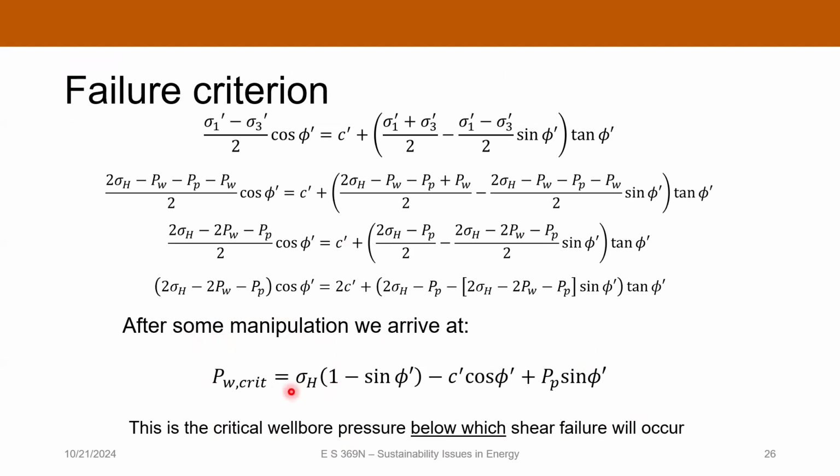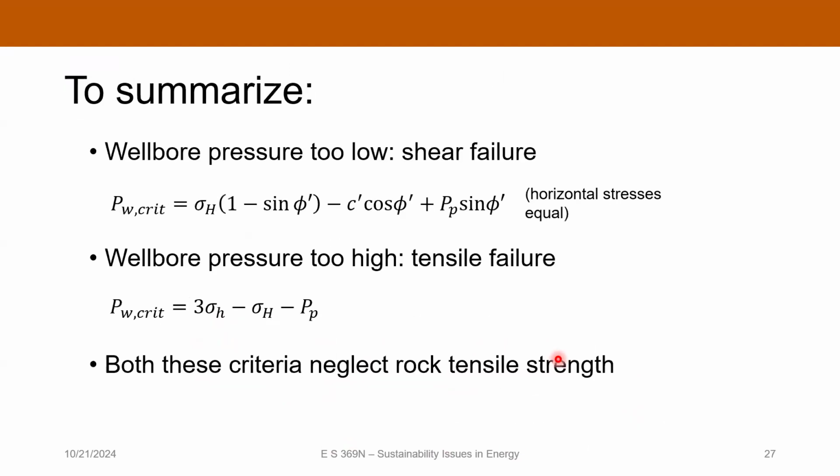And that's given here in terms of the horizontal stress, the angle of internal friction of the rock, and then the cohesion and the pore pressure within the rock. And so our summary here is that we've now got some bounds on the maximum and minimum wellbore pressure that we can safely maintain and have a stable wellbore while we're drilling, and they're given by these limits here.